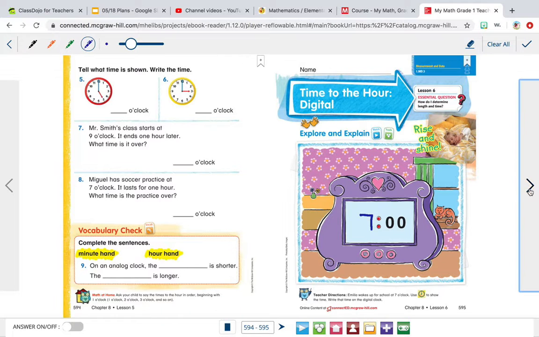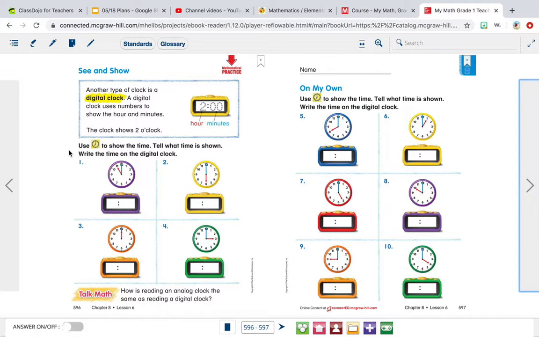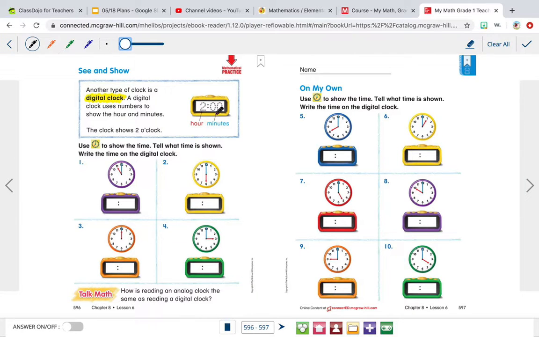Okay? Now let's look at this next page. Another type of clock is a digital clock. A digital clock uses numbers to show the hour and the minutes. This clock shows 2 o'clock. So the hour is on the left side, so let's write hour. The hour is 2. And we put a little thing called a colon right here in the middle.